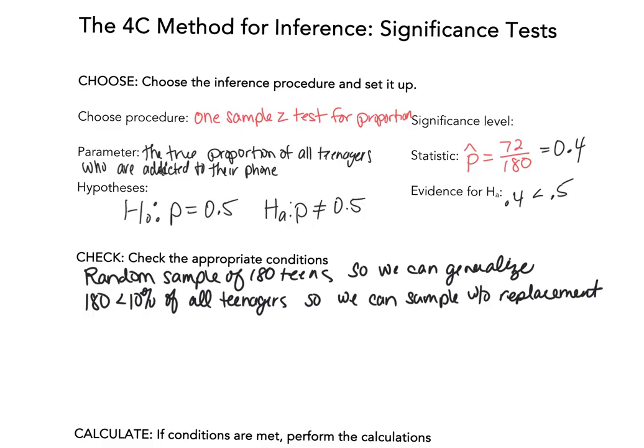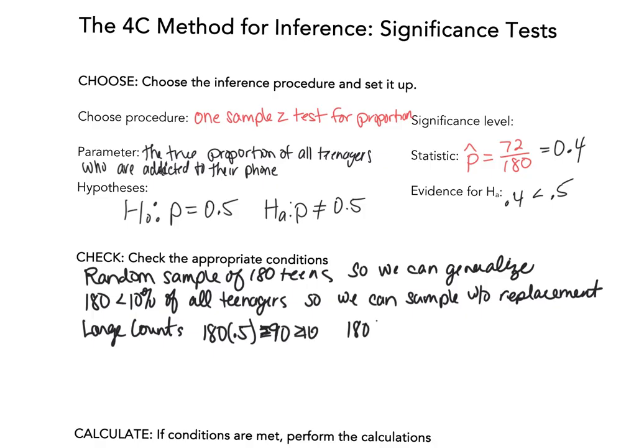And then our large counts, we check NP and NQ. And when we do that, we check it against our hypothesis. If our hypothesis is true, we would expect 180 times 0.5 successes, which equals 90, greater than or equal to 10.